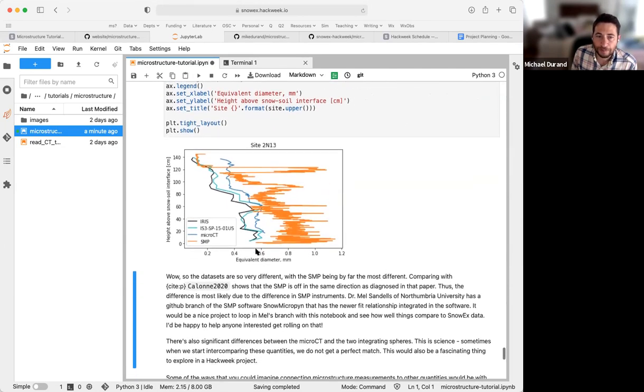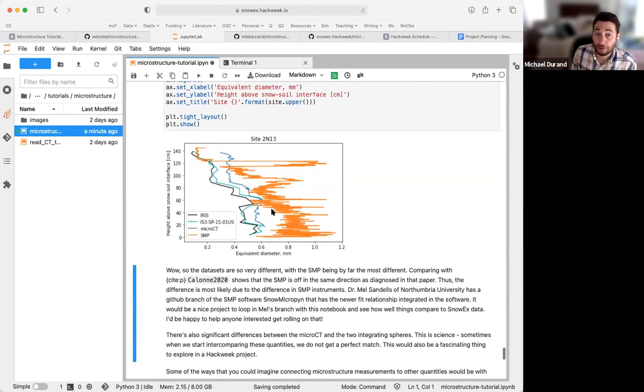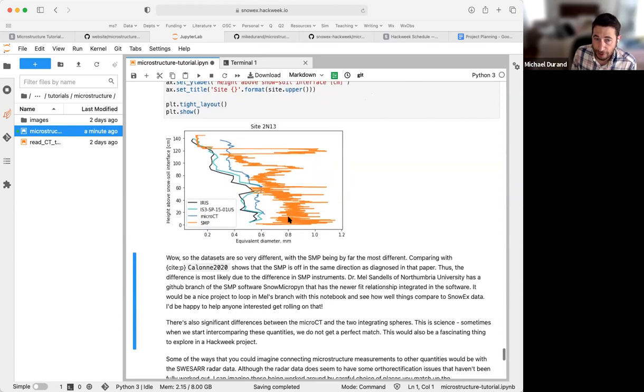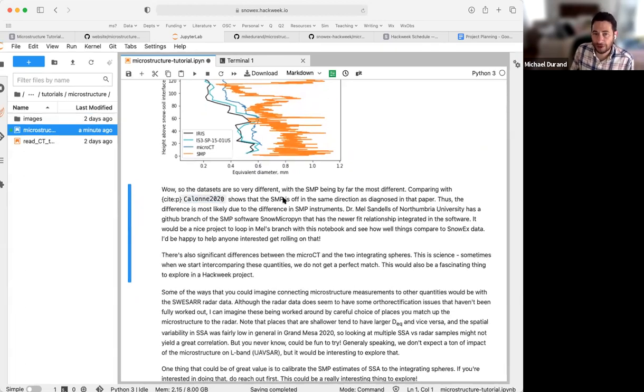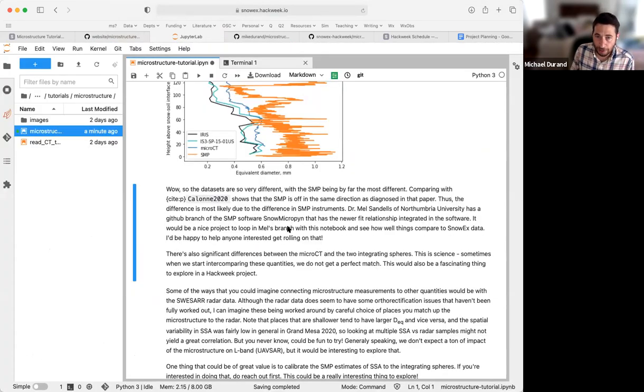The orange is the SMP, and there is a reason that this one is so far off, because this is considerably more off than the others compared to the sort of consensus between the other 3. And like I mentioned, a paper came out last year that shows that, again, you need to use a different set of coefficients for this particular SMP hardware.